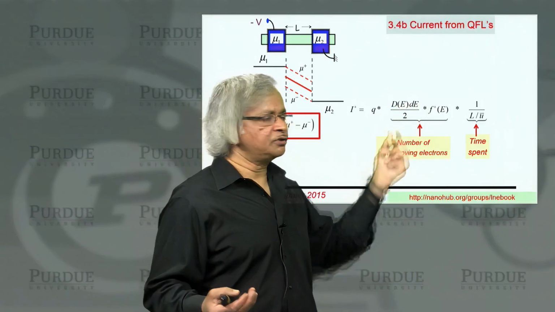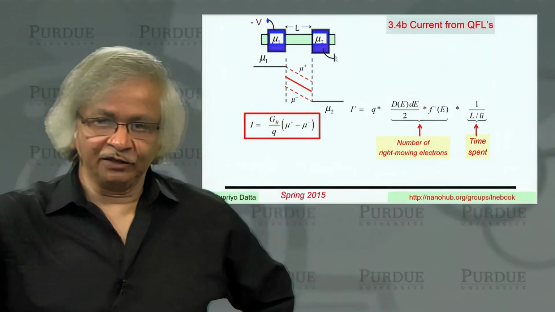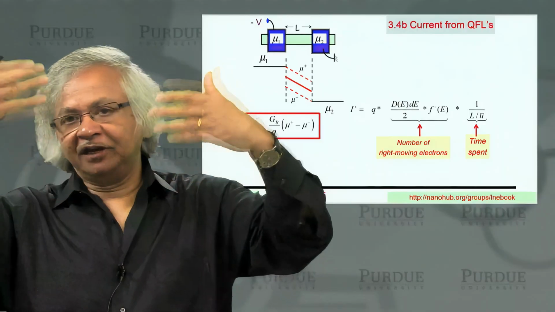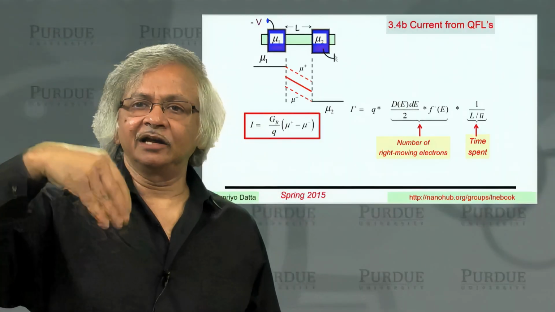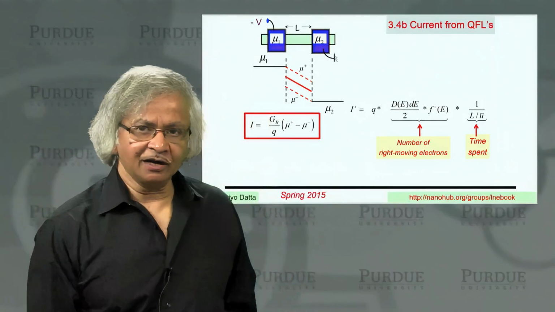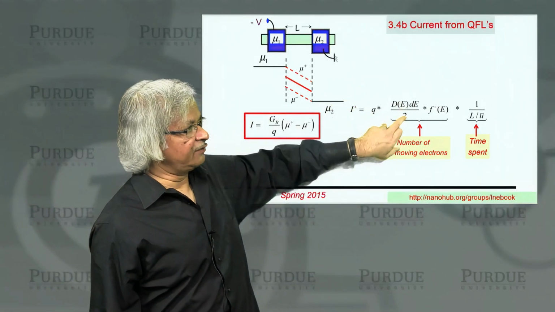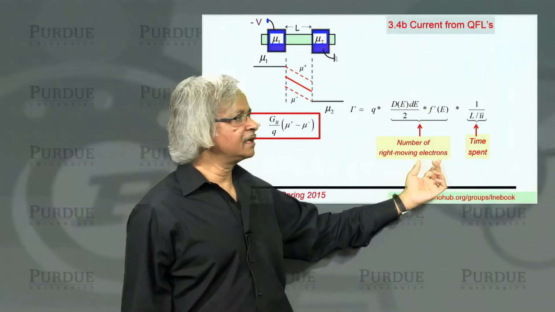Why did I divide by 2? Because again, I'm only looking at the right moving electrons, or the right moving states. So if there is a total of say 8 lanes, the point is it's only 4 lanes that are northbound. The other 4 are southbound. So D dE divided by 2 times F. So that's the number of right moving electrons.